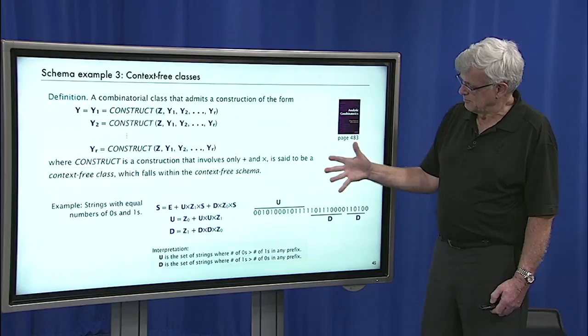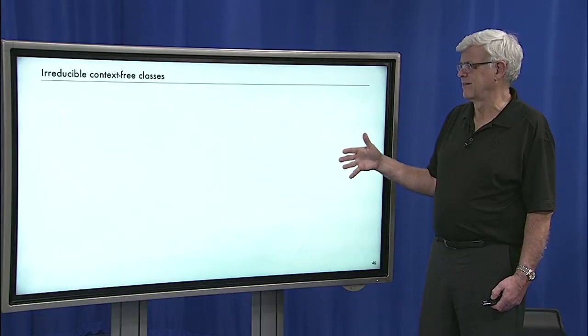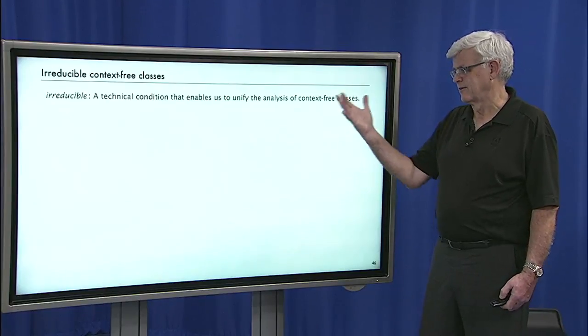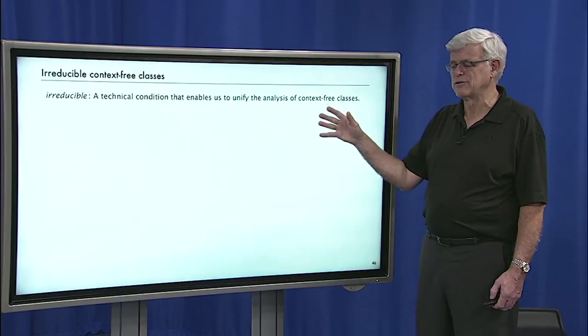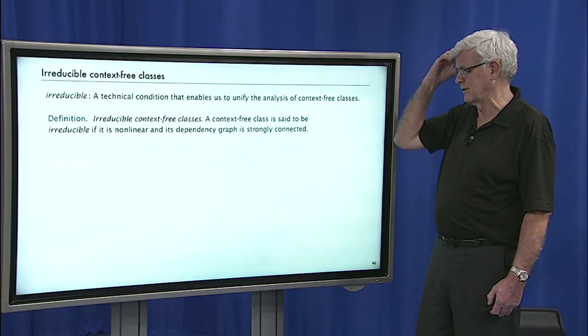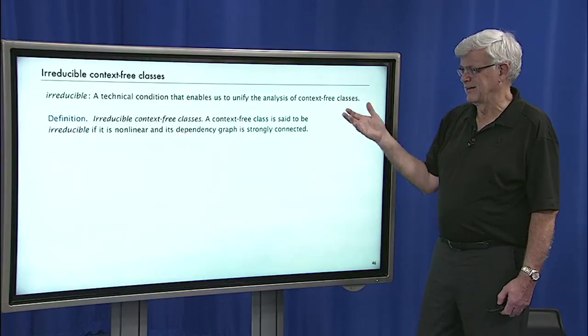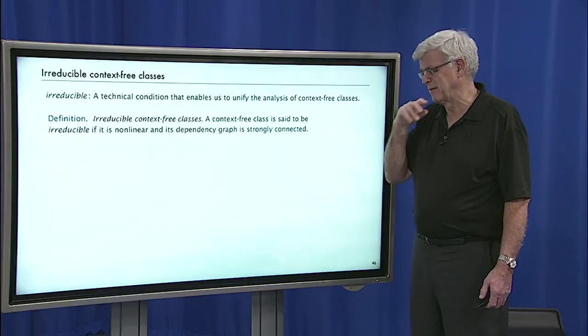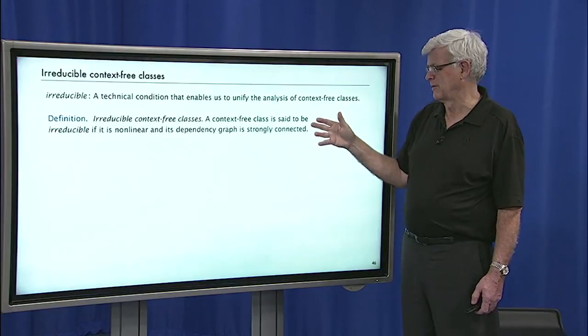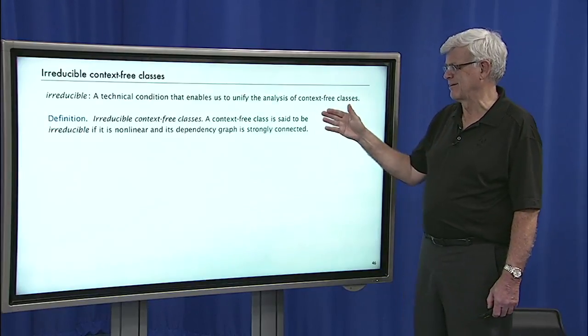But in the present context, there's, again, a technical condition that allows us to unify the analysis of context-free classes. This one is maybe not familiar to people who are not familiar with computer science or graph theory.